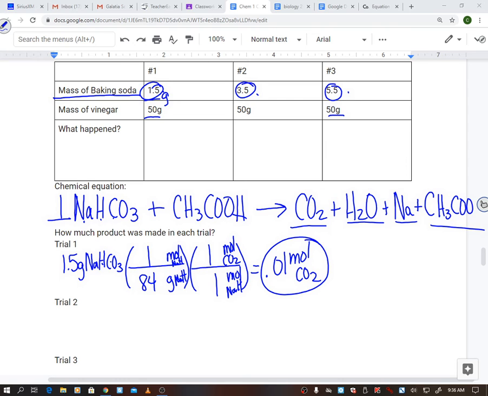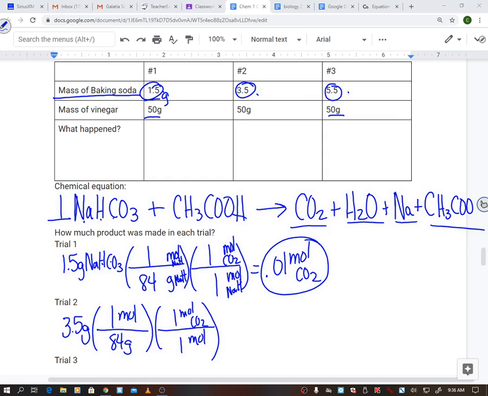Now you could go through and do this for trial 2 and trial 3. You're doing the exact same thing. Instead of 1.5, I now have 3.5 grams. 84 grams in 1 mole. So everything stays the same except this part. That's the only part I'm changing. I'm just putting more in.